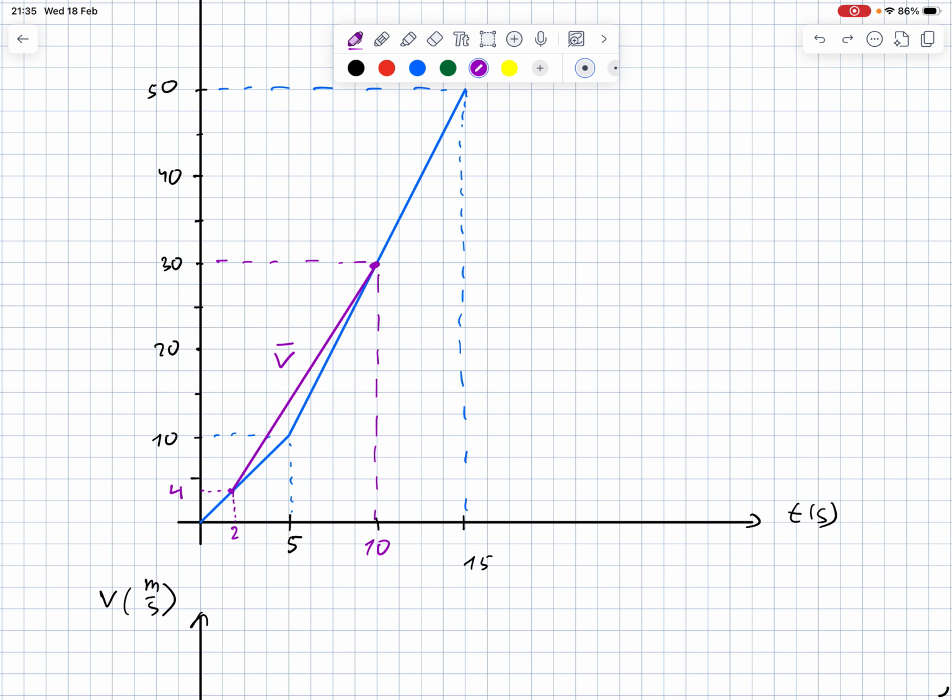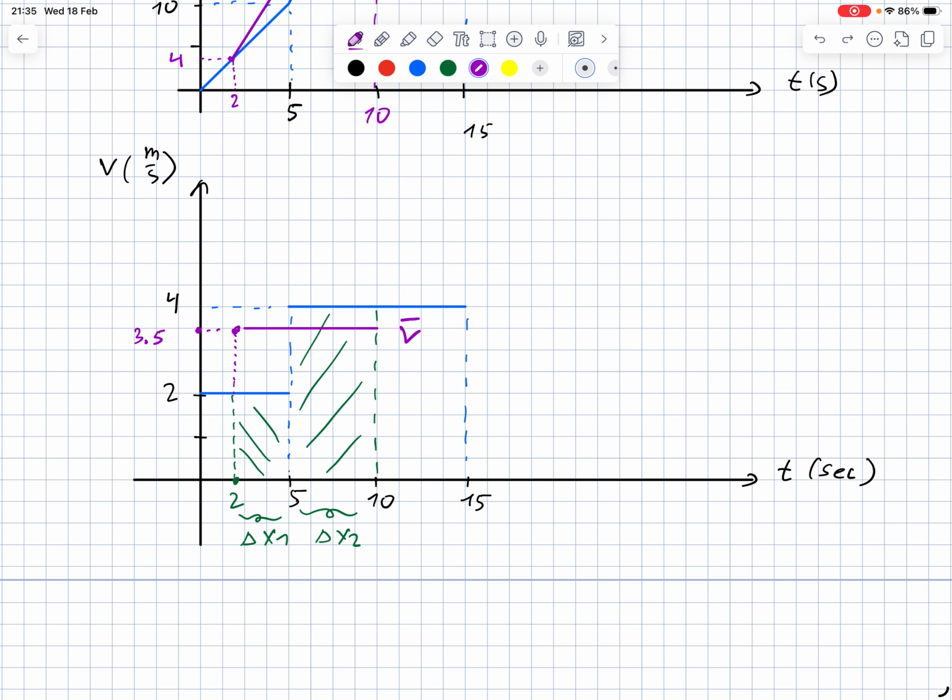Now, how can we draw average velocity when we use the graph of v of t? Initial time of 2, final time of 10, and we found that the value of average velocity is 3.5 meters per second. If you calculate all this area between 2 and 10 seconds, where the height equals the average velocity, all this area will give us the delta x.